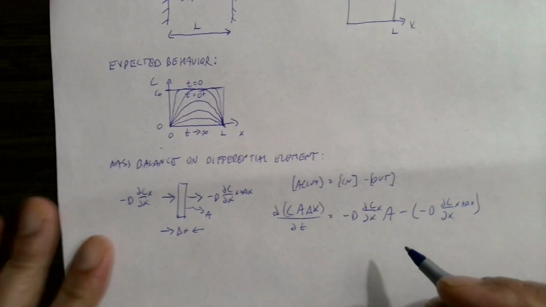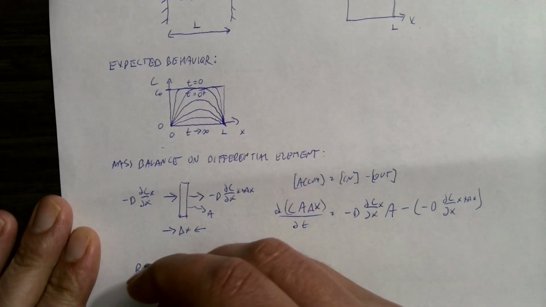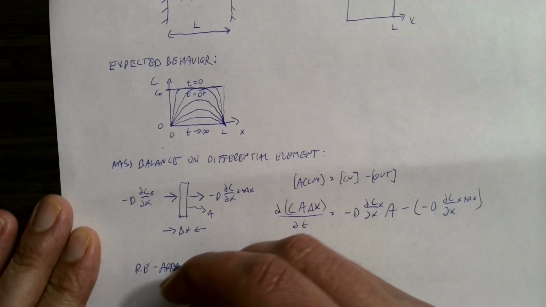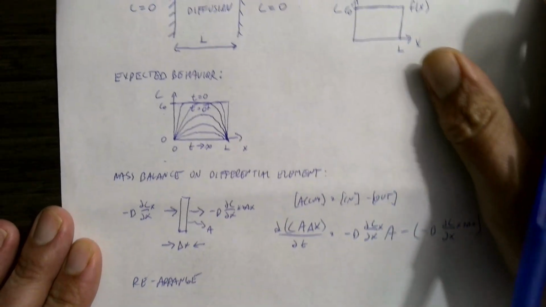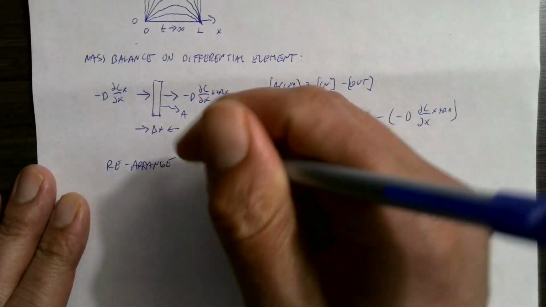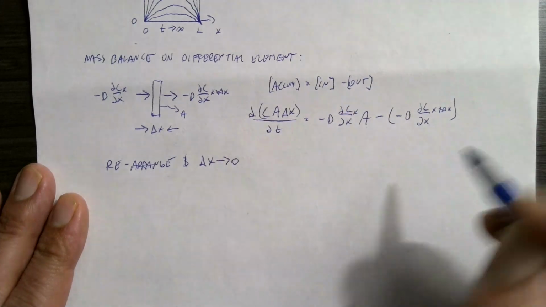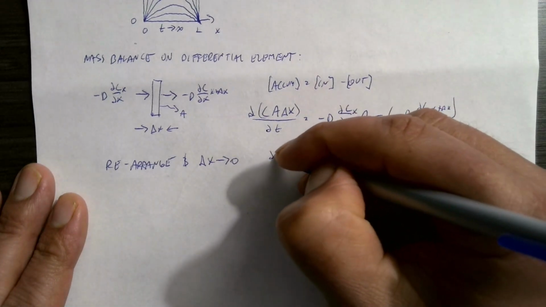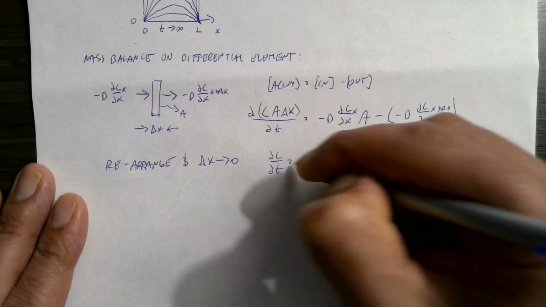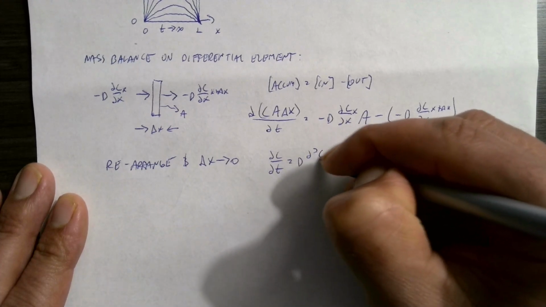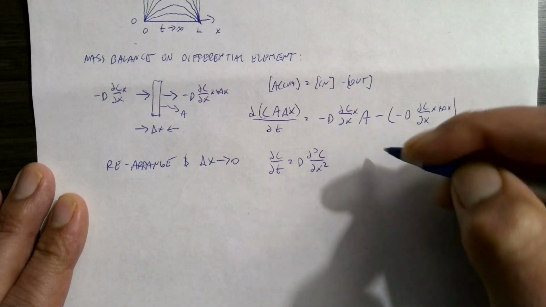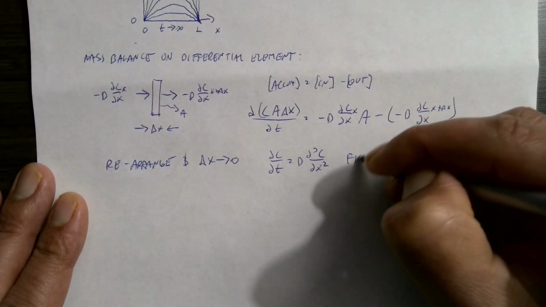And if you rearrange this and send delta x to 0, then we end up with dc by dt is equal to D d squared c by dx squared. Okay, this is Fick's second law.